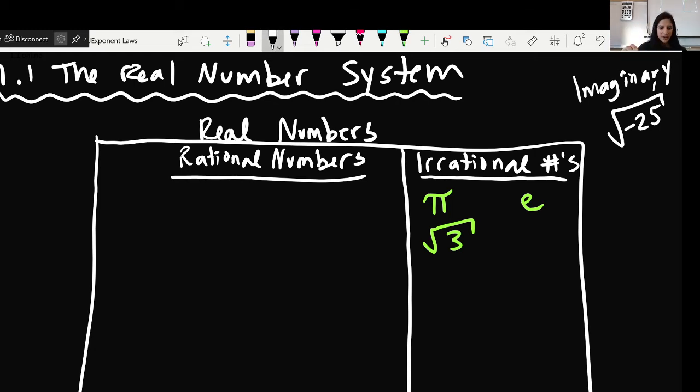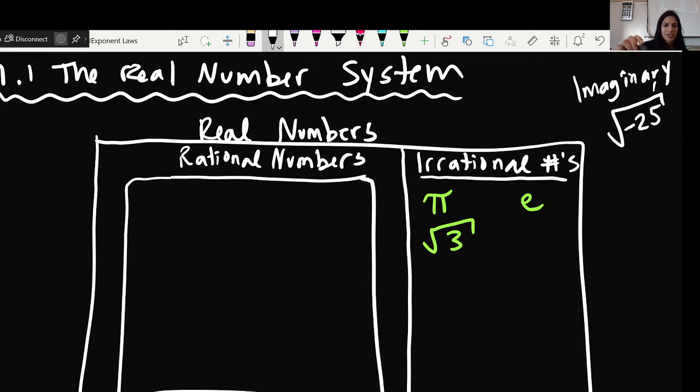Okay, so then when we look at rational numbers, there's a few different types. I'm going to draw some more boxes in here. So from our rational numbers, in the first box, we have something called integers. Anybody know any examples of integers? Yeah. 1.